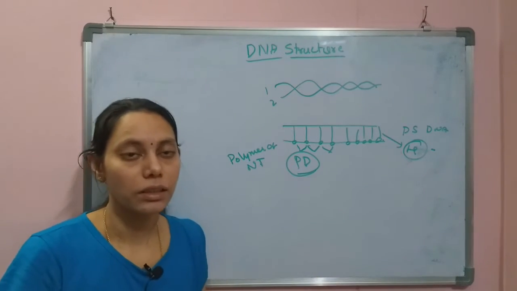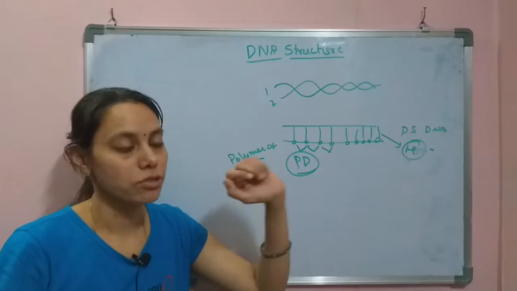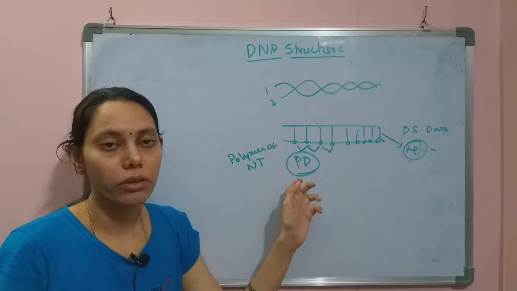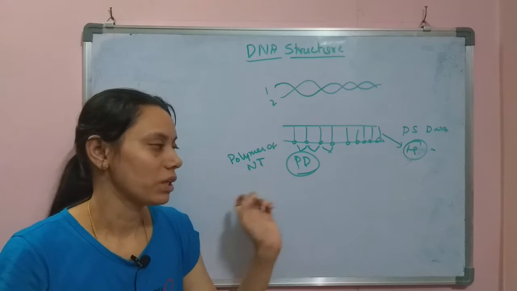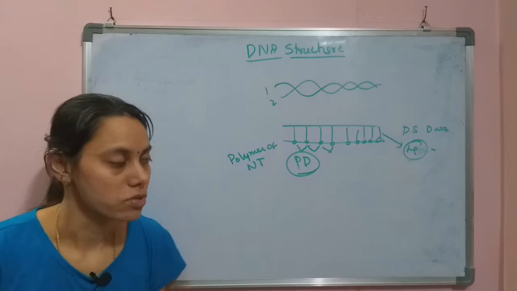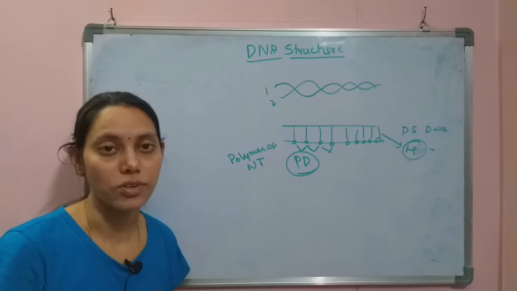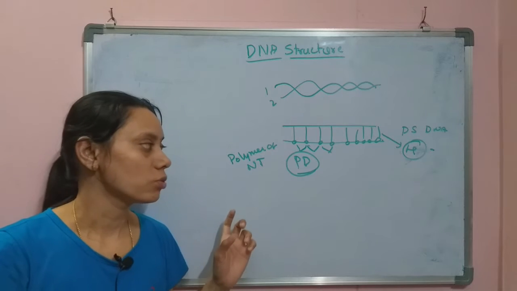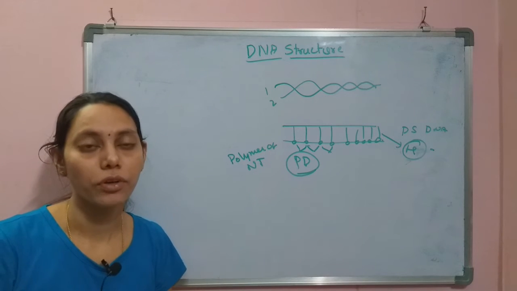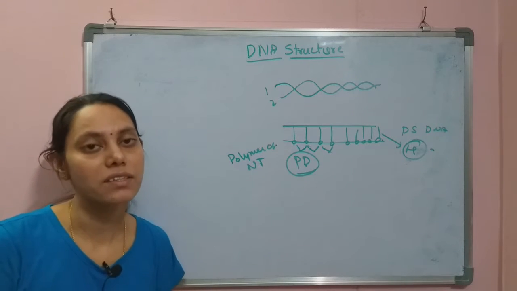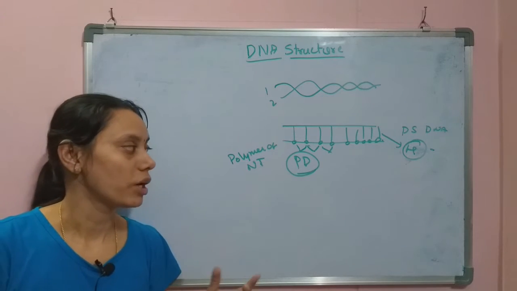So in order to understand all these chemical bonds and structures, first we need to understand what the types of nucleotides are and what exactly the nucleotide is made up of.